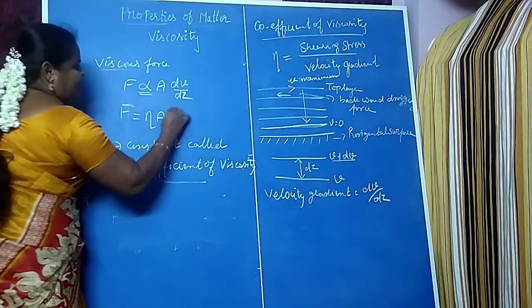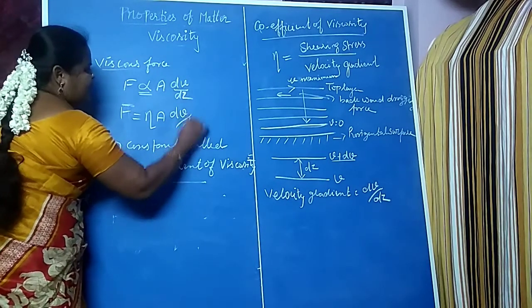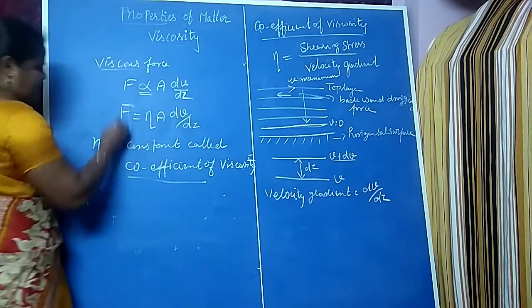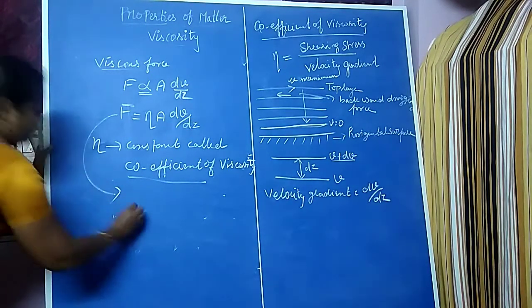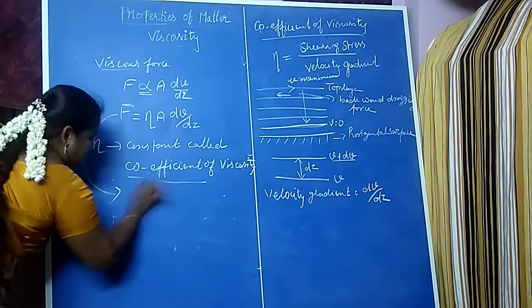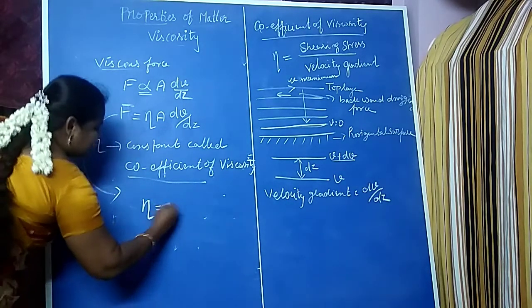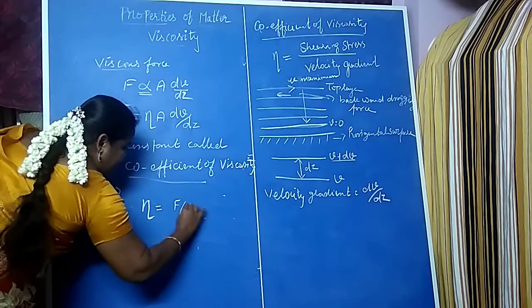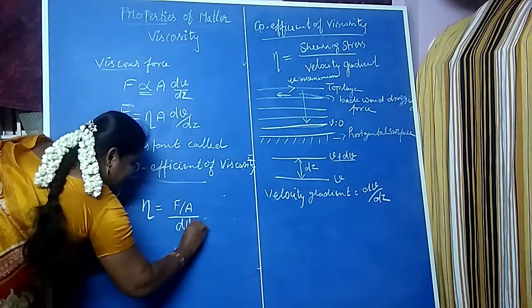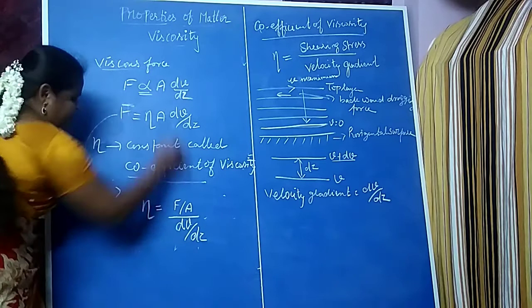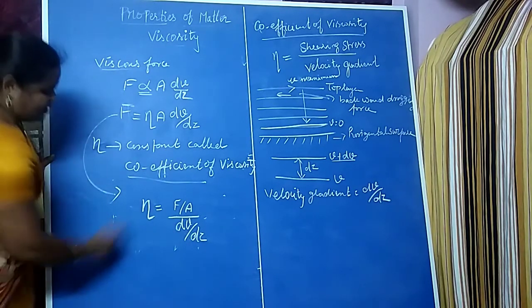So we have A here and velocity gradient dv by dz. We can write F equals eta A dv by dz, which gives eta equal to F divided by A divided by dv by dz. On simplifying this, we get this relation.